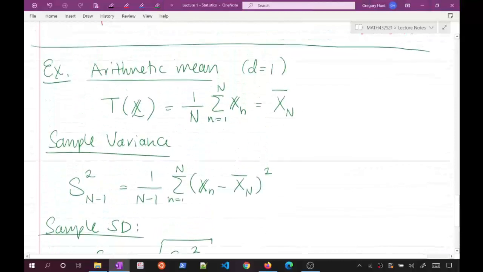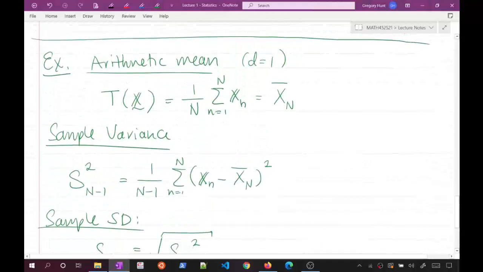So back in 451, we spent forever talking about transformations of random variables, functions of multivariate random variables. Why? The reason, it's not just to torture students, the reason is because you're basically talking about statistics at that point. Statistics are just functions of random variables. And so if you want to talk about, okay, if I have data, what if my data has an exponential distribution? And I want to talk about, well, what if I calculate an arithmetic mean? Is that a reasonable thing to do for my data?